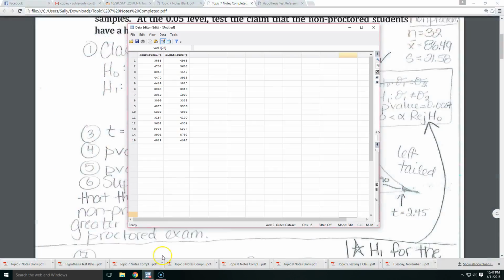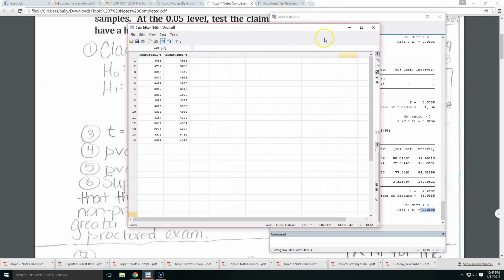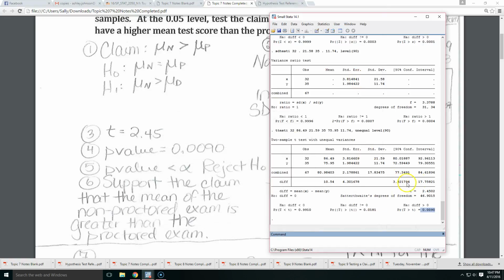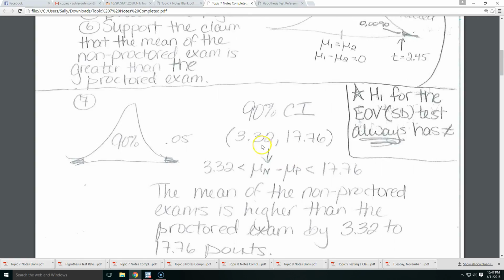Lastly, the confidence interval for this question is 3.32 to 17.76. Remember, this isn't talking about either one of the populations specifically, it's talking about the difference between the two populations. So non-proctored students come first, proctored students come second.